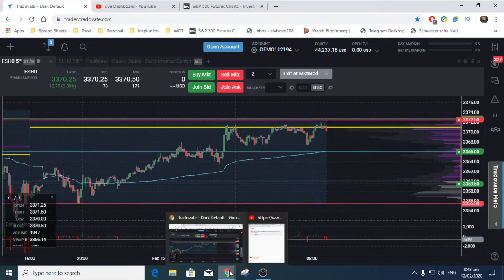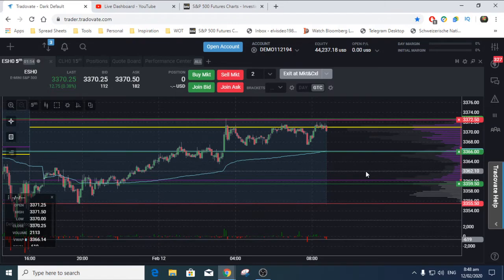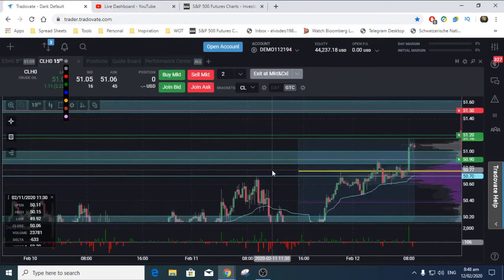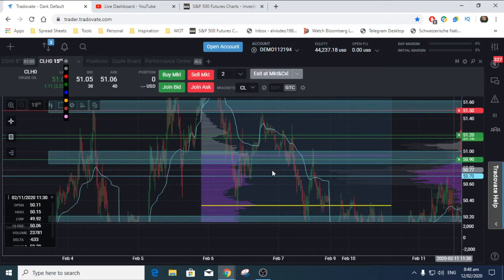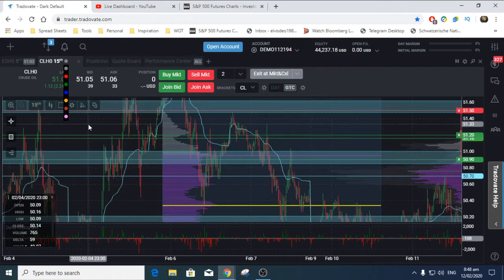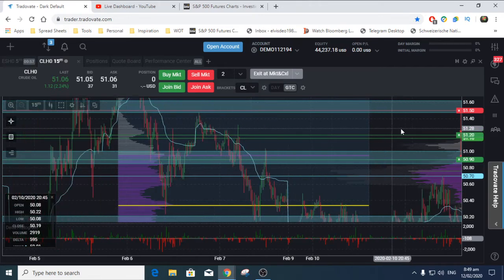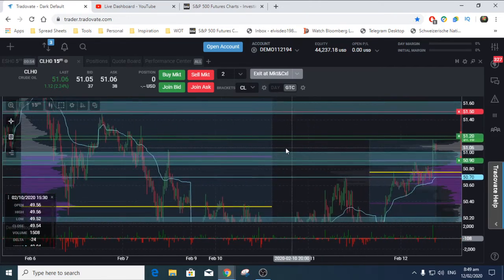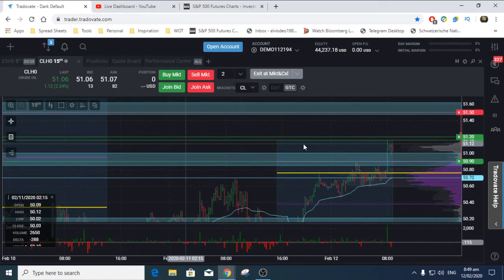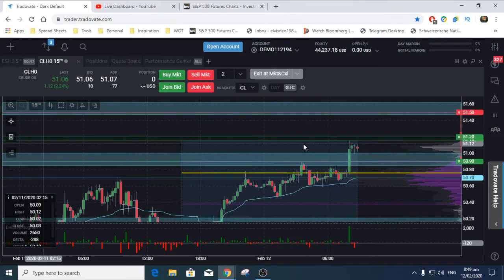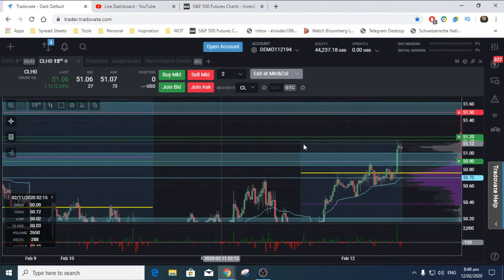So, normal thing with questions. If you have any questions on what we're looking at, let's get to that crude. Just want to see that test of that 50 to 60 area. This morning on the open, the expectation post news is for bears to come into the market, and we look for a simple entry here.